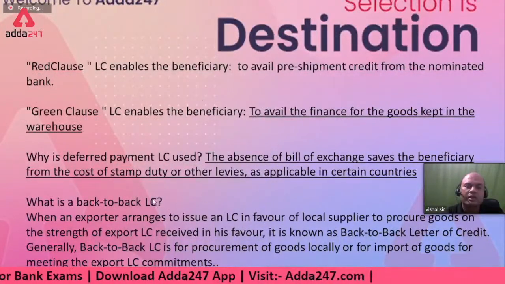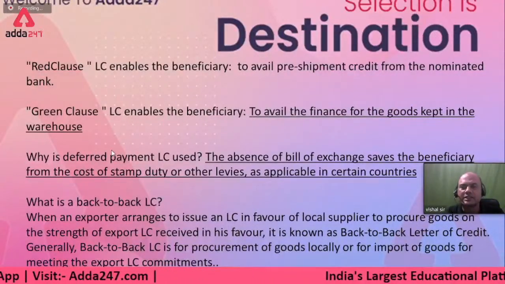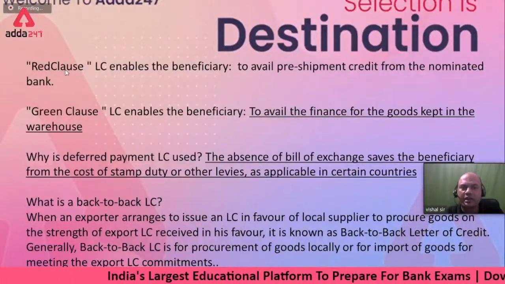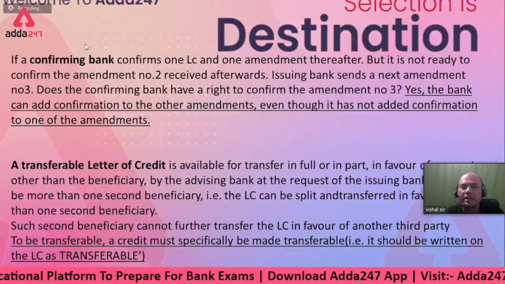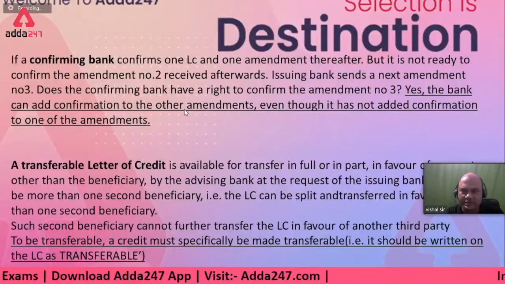Okay, so which are the types we have studied? First is back to back. Second is deferred. Third is green clause. Then red clause. Then transferable. Then confirmed credit. Okay. So these are the five, 6 things.